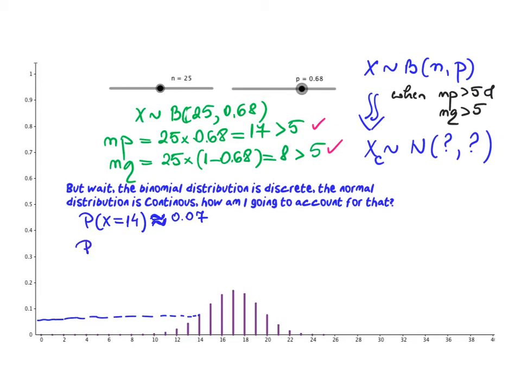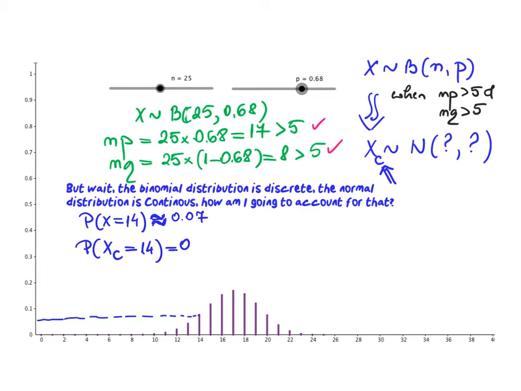However, if I'm looking at the probability of X being 14 on the continuous distribution, how useful is that notation? It's a different distribution. We've learned that on a normal distribution, which is continuous, the probability of X being exactly on a point is 0. That would be true on the continuous distribution for all points, for 0, 1, 2, and if I add up all this probability, it is going to be 0. So it doesn't work like that.